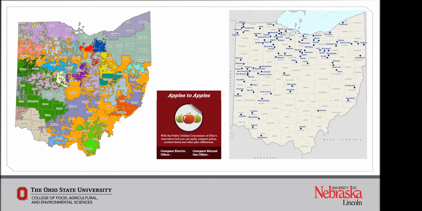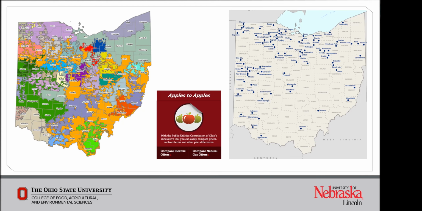And so the map on the left is showing all of the investor-owned utilities or electric distribution companies in Ohio, of which there are 4, and then 25 of our rural electric cooperatives. In addition, on the right, you can see that lists the 84 Ohio municipal electric providers in the state. And so, when you think about it, these are the companies that own the infrastructure, the distribution infrastructure that's bringing that product to your home or business or farm.